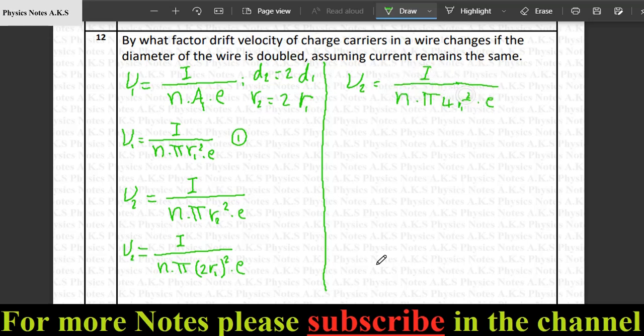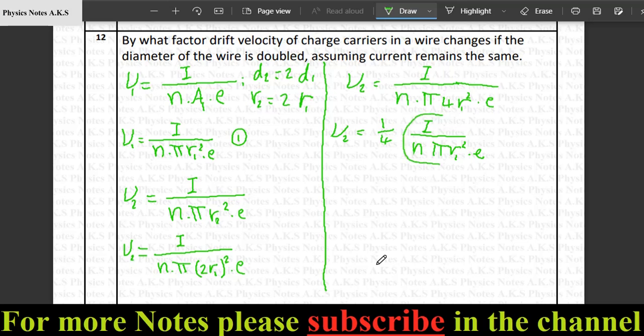I know from math I can separate this fraction simply by putting this 4 outside the fraction. So V2 can be written as 1 by 4 multiplied by I over N pi R1 squared multiplied by e.